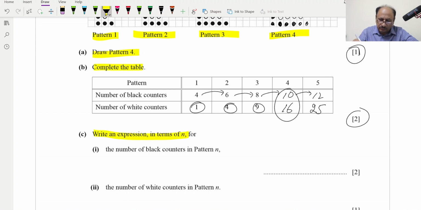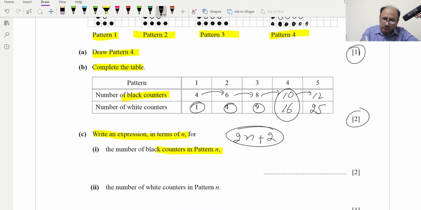Write an expression in terms of n for the number of black counters in pattern n. Black counters are these. We require an expression for this one, and the expression will be 2n. Basically the difference is 2, so 2n, and if we replace n equal to 1 we get 2, but we need 4, so we add 2.